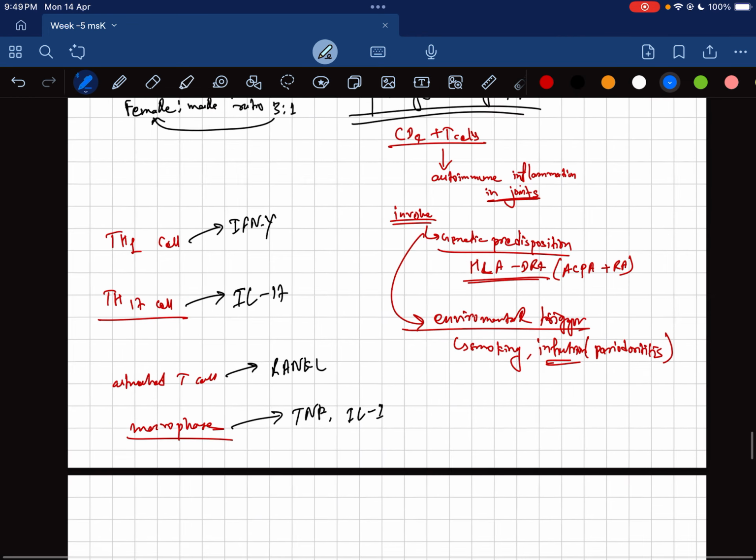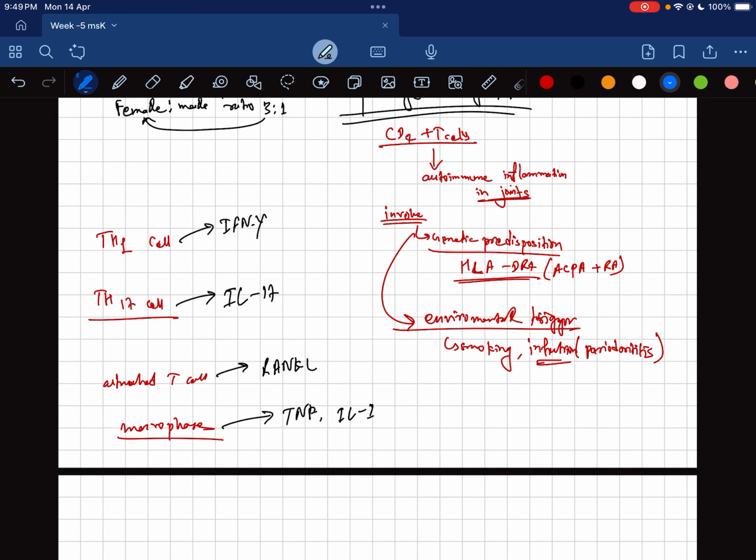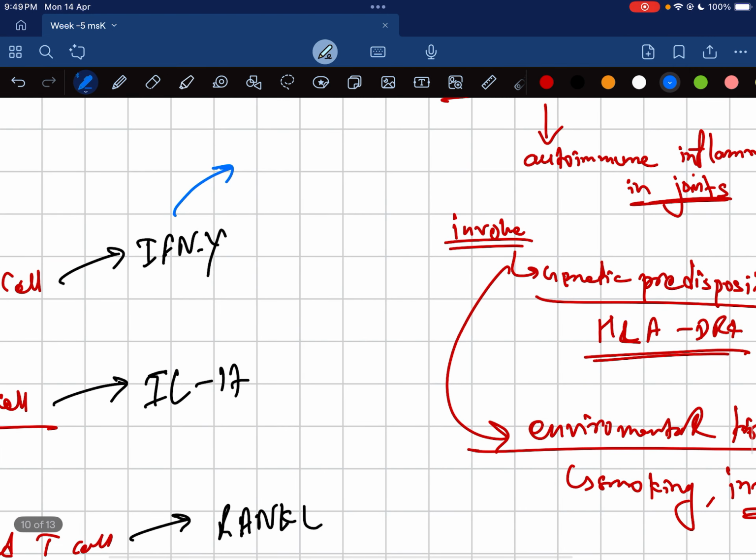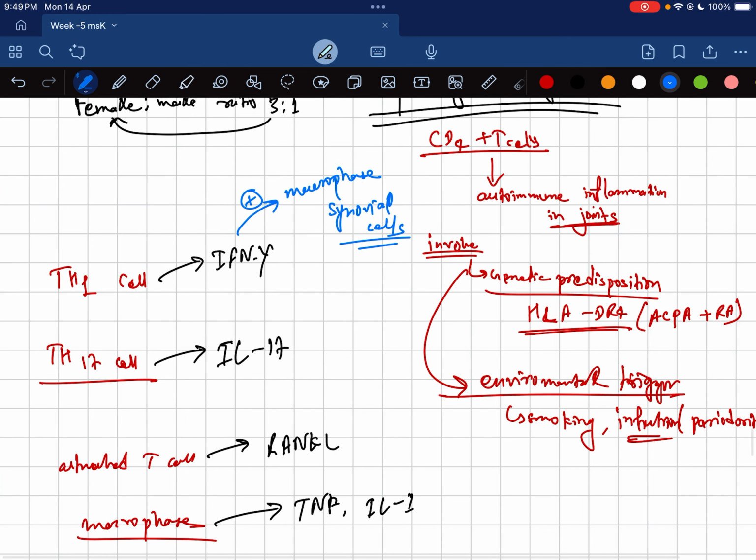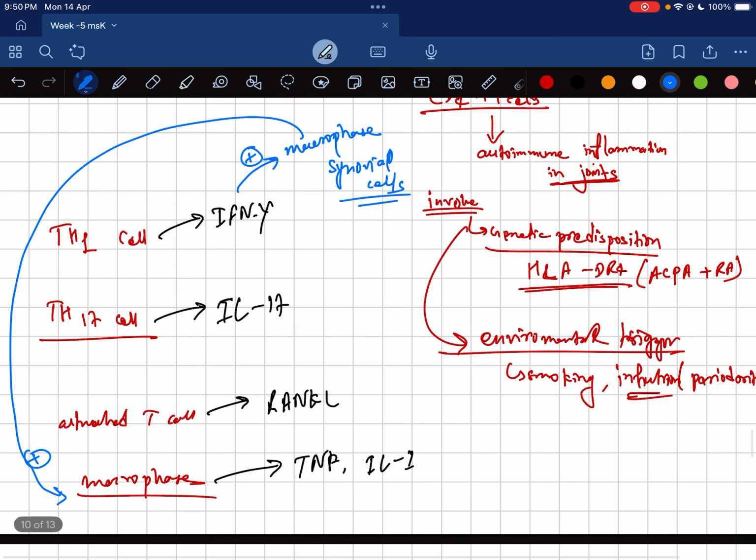These cytokines have roles in various functions. Interferon gamma activates macrophages and synovial cells. Activated macrophages release TNF and interleukin 1.